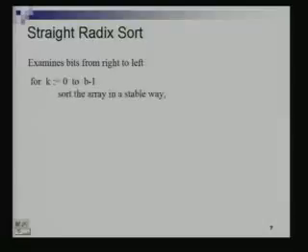So k equals 0 corresponds to the rightmost bit now, the least significant bit, and b minus 1 is the most significant bit, and we are going to sort the array based on the kth bit in a stable way. So, sort the array in a stable way, looking only at the kth bit.